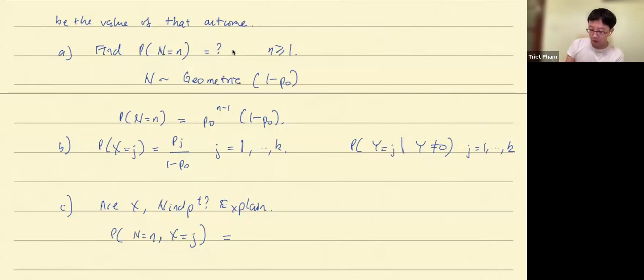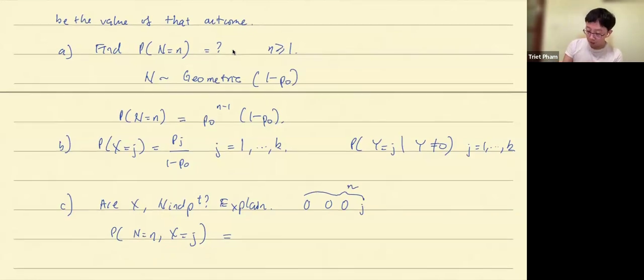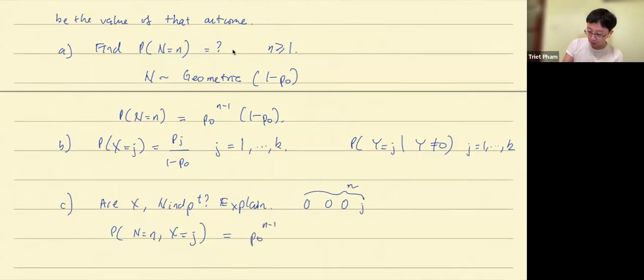Well, this is the probability of a sequence of zeros, right? Of a sequence of length n, where you got a bunch of zeros, and then you get j. Correct? So it will be p0 to the n minus 1 times pj.